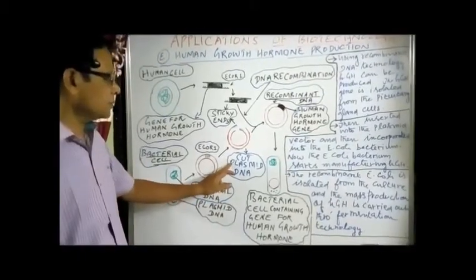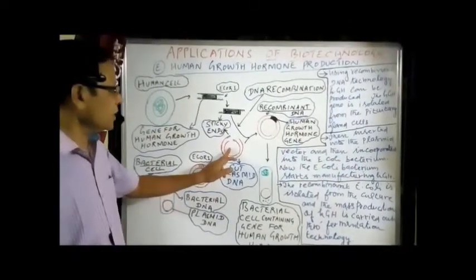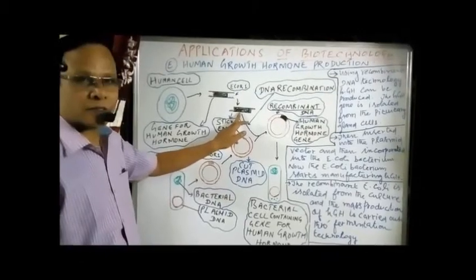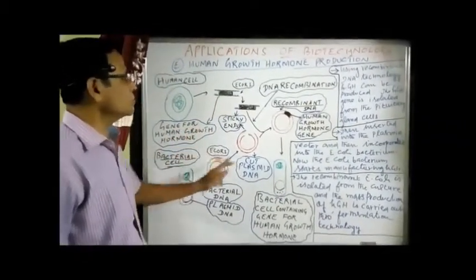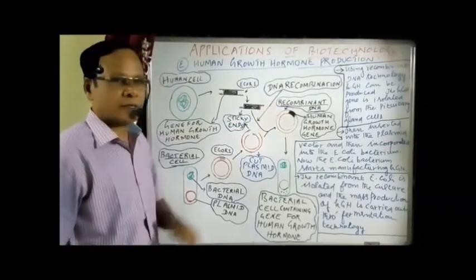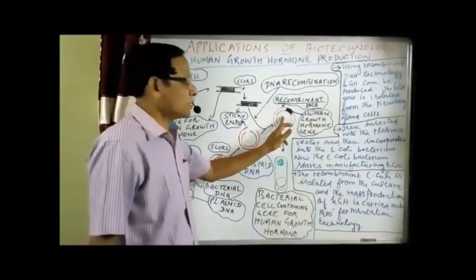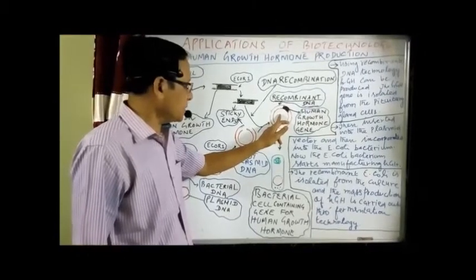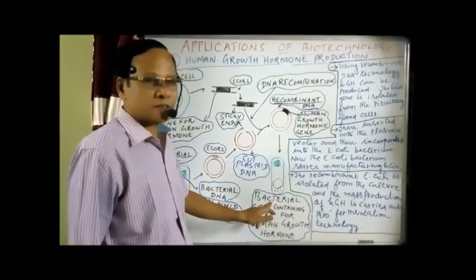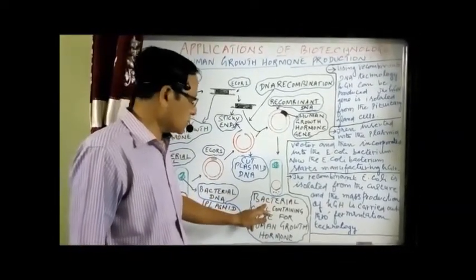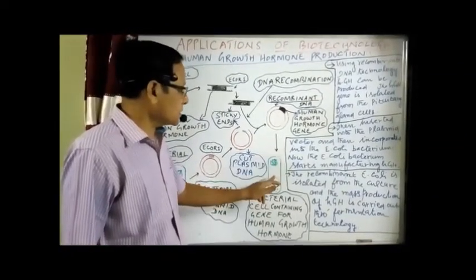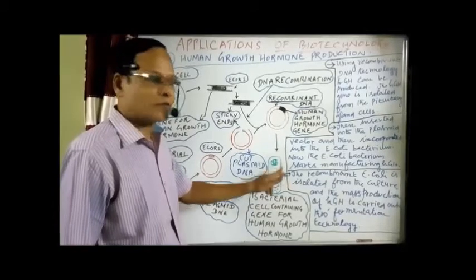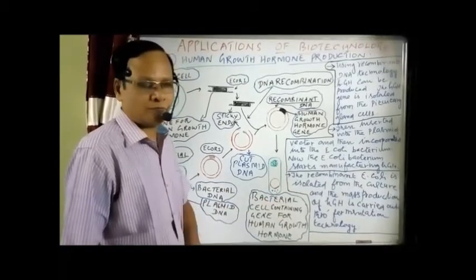So the cut plasmid DNA is made to recombine with the gene for human growth hormone to form a recombinant DNA. Then the recombinant DNA is incorporated into the bacterial cell. Now the bacterial cell E. coli contains the recombinant DNA. It starts synthesizing or manufacturing the growth hormone.